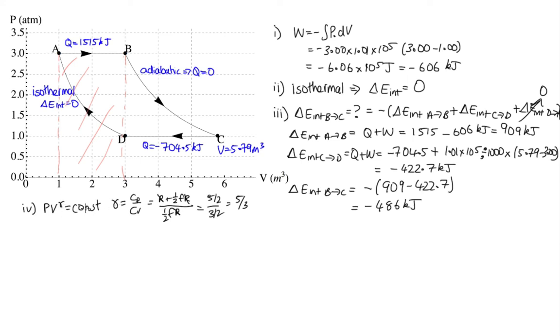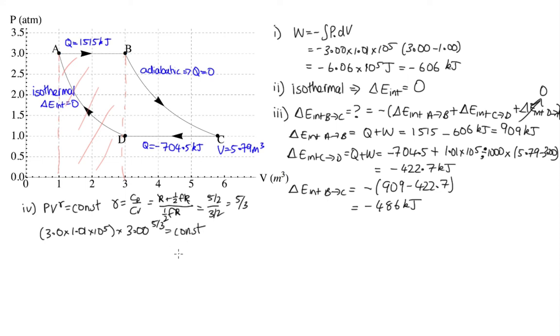We can also work out what the constant is, as we know point B, for example, has to obey this equation. So point B, we've got 3.0 times 1.01 times 10 to the 5 times the volume, which is the 3, to the gamma, which is the 5 on 3, is equal to this constant.